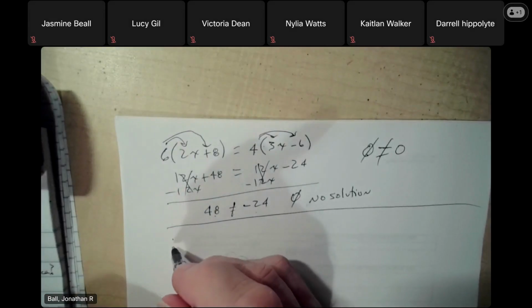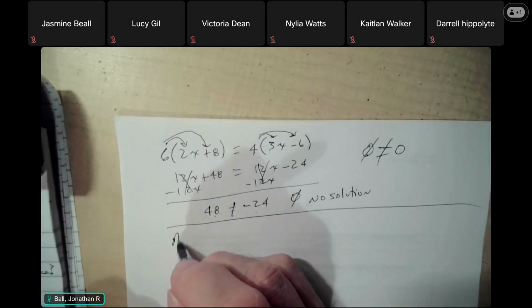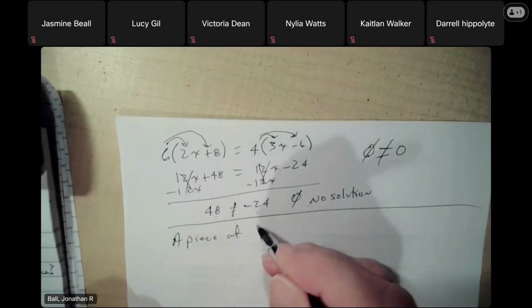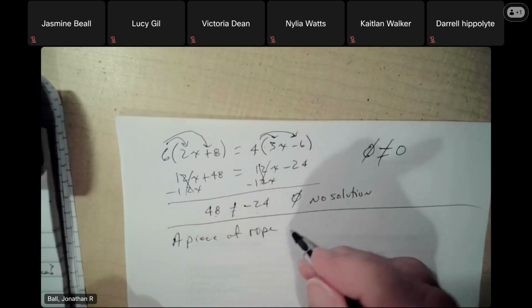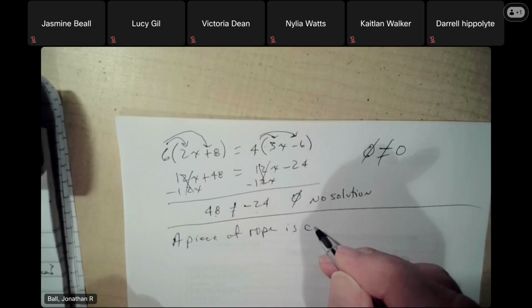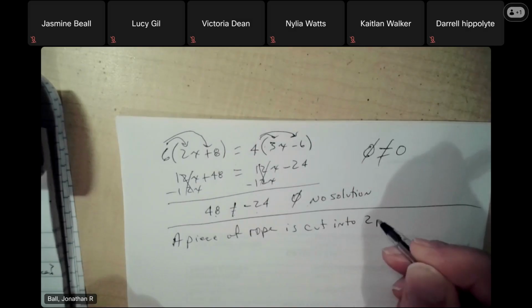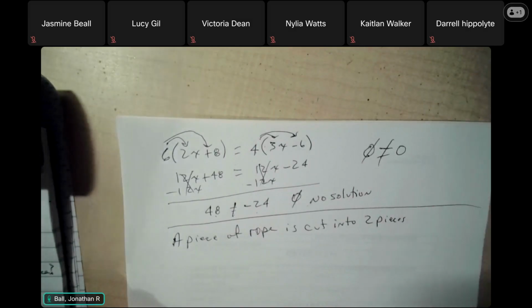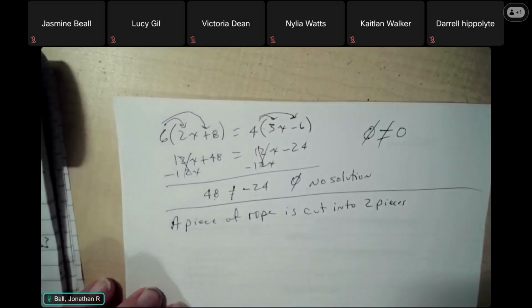Okay. Word problems. What fun are word problems? A piece of rope, R-O-P-E. This is going to be on your final exam. Won't be this exact problem, but it'll be very similar to it.